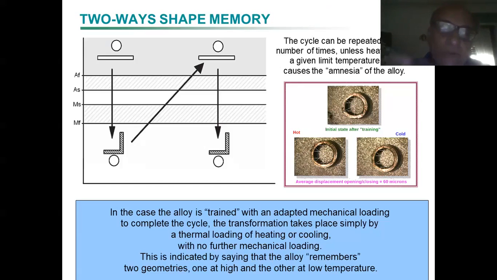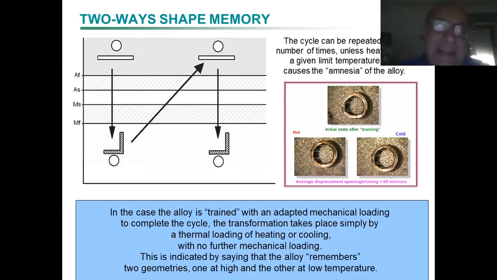This is a principle which is of interest. The only problem is that the cost of these devices is very high, but this is applied, for example, for earthquakes when you need to open it or to close it, and you just need to apply a deformation. You induce a deformation by just heating or cooling it, because it changes the shape.